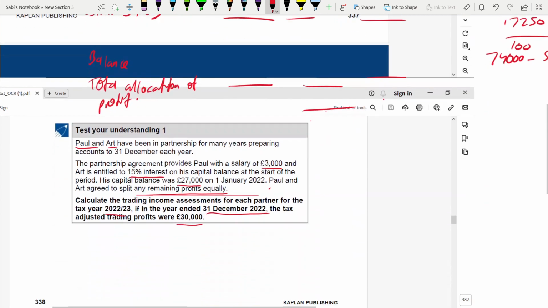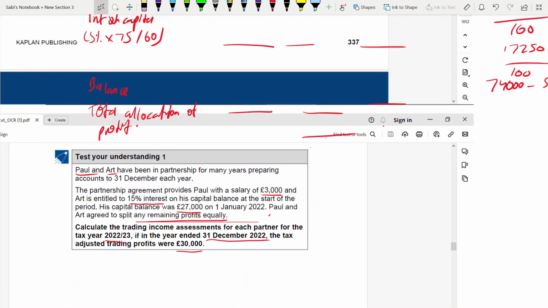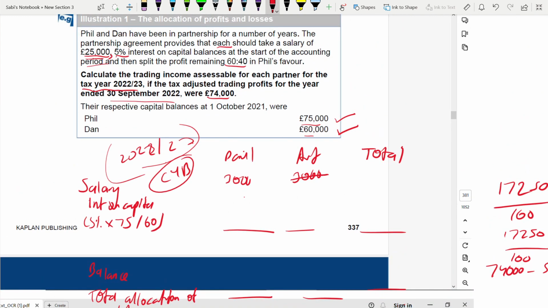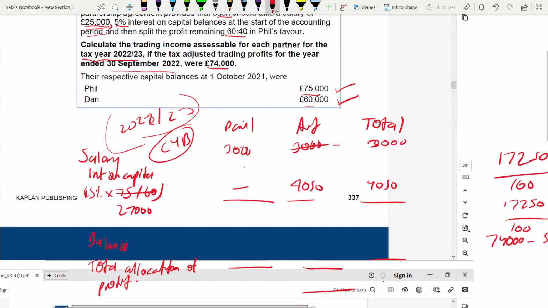Sorry, wait. Sometimes a partner might not get a salary. Paul has a salary of 3,000, not Art. And Art is entitled to 15% interest. So no salary for Art, only 3,000 for Paul. 15% on 27,000, they have given you the capital, but it's only for Art. It is 4,050. So the total is 4,050. We don't have anything here. Then here we have 7,050.